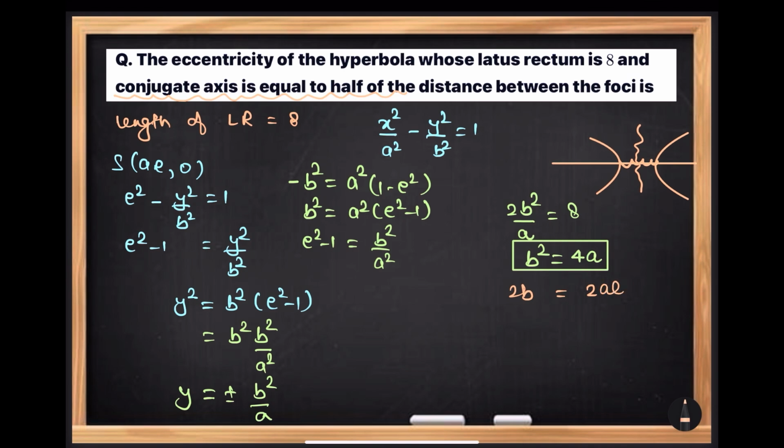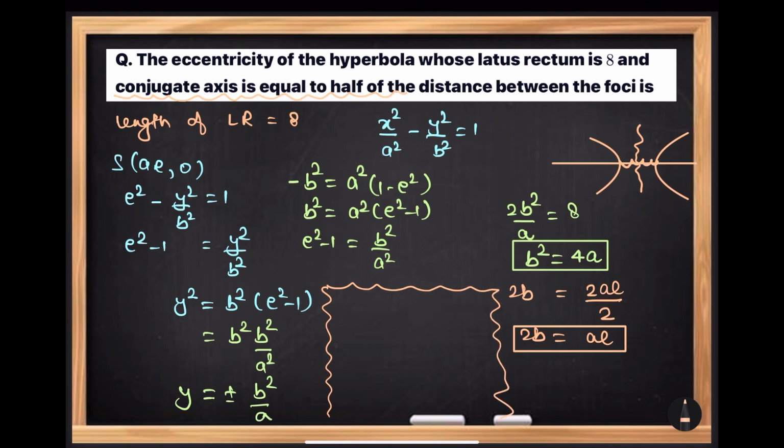So 2 times ae by 2. Correct? So can I say that 2b equals ae? We got another relationship. We want what? Eccentricity we want. Correct? So let's use this to calculate eccentricity.